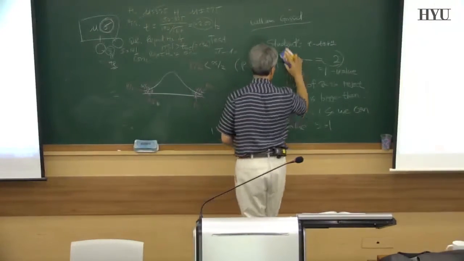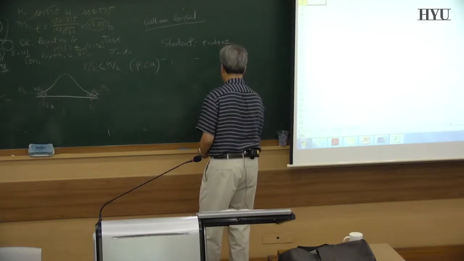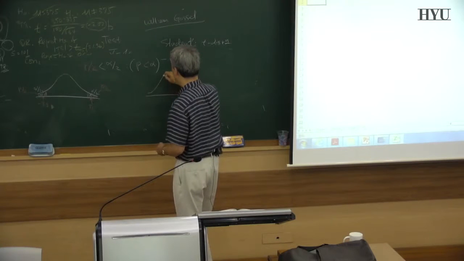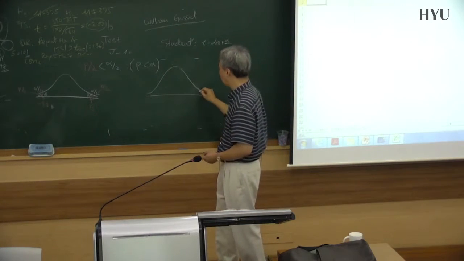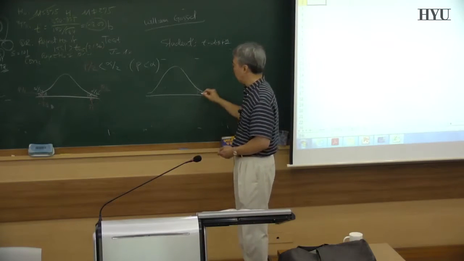Well, if you're running a one-tail test, things are slightly different. You have the rejection region on only one side.